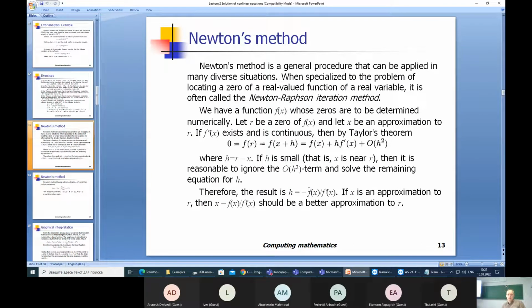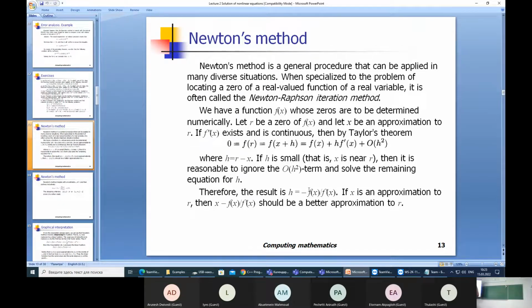Well, if you don't have questions about the bisection method, let's discuss the next method. The second method that we consider is called Newton's method.